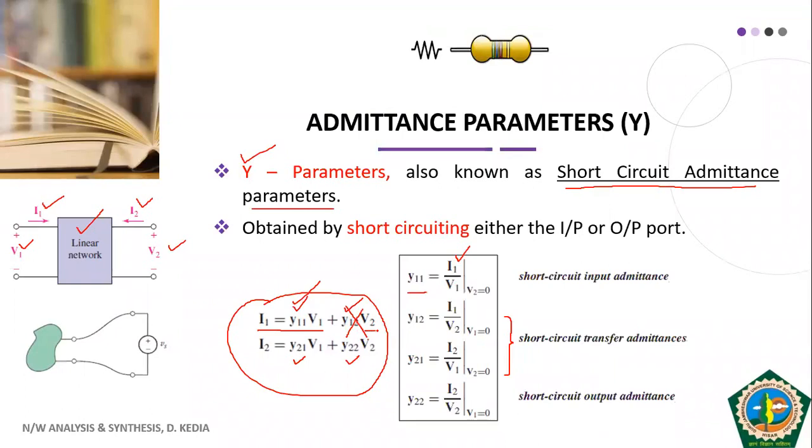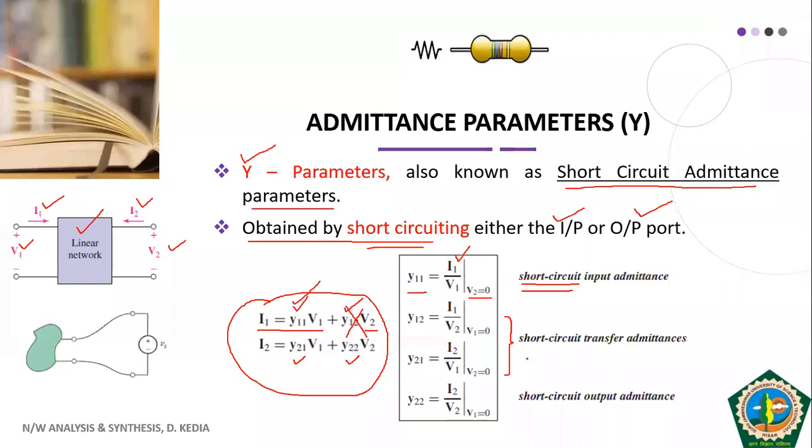See students, we can only change V1, I1, V2, I2. So here we have V2, so we will make V2 as 0. And 0 voltage is nothing but equivalent to a short circuit. That's why we call these admittance parameters short circuit admittance parameters, because these parameters are obtained by short circuiting either the input port or the output port.